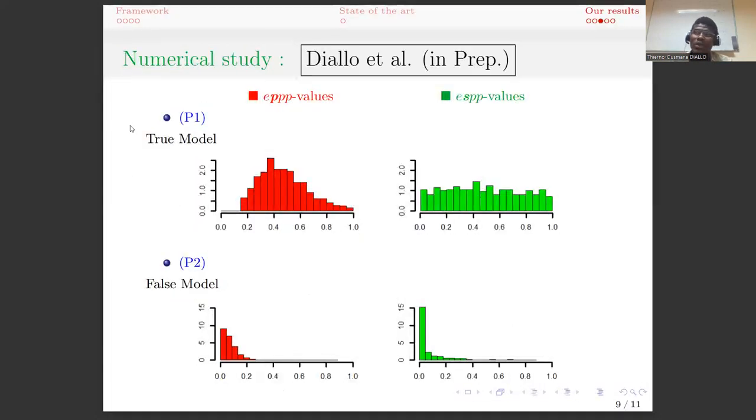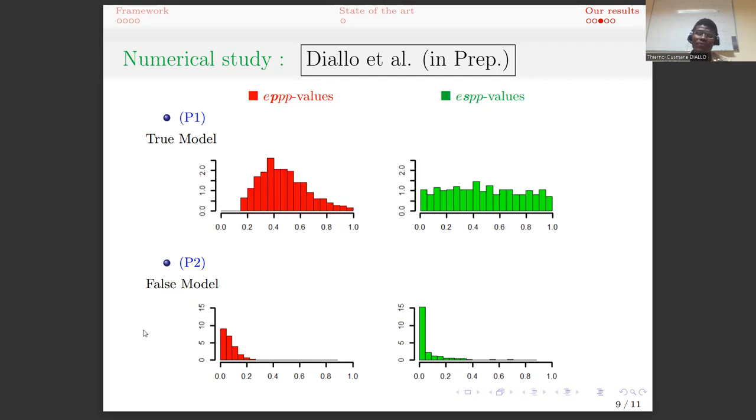So what did we find? For P1, with a true statistical model, ESPP-values numerically follow a uniform distribution, unlike EPPP-values. This is in agreement with our mathematical result for the ESPP-value.